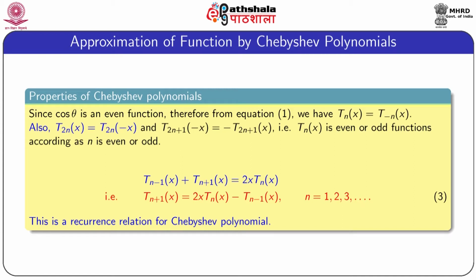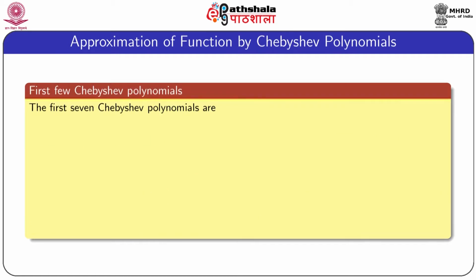This is true for all n equal to 1, 2, 3 and so on. This is the recurrence relation for Chebyshev polynomials. So, from this recurrence relation we can generate Chebyshev polynomials of any order, starting from n equal to 1.